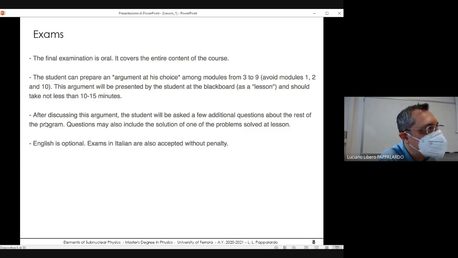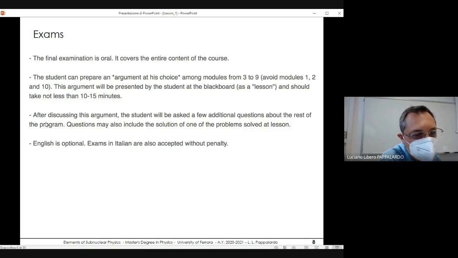Then at the exam, you go to the blackboard. We suppose we can do the exam in presence. You essentially give a short lesson on the subject that you have chosen, and this should take at least 10-15 minutes. You choose whatever you want, and then we discuss this argument. This will be followed by 2-3 questions on the rest of the program. So you have to be prepared on everything, of course.